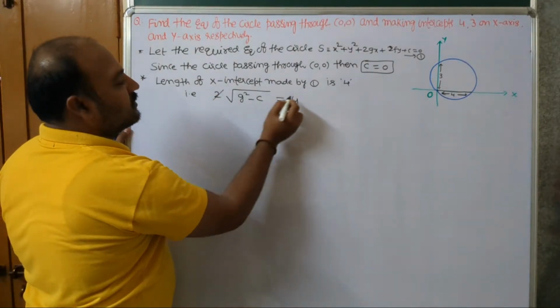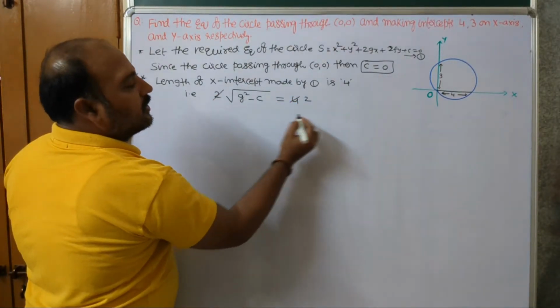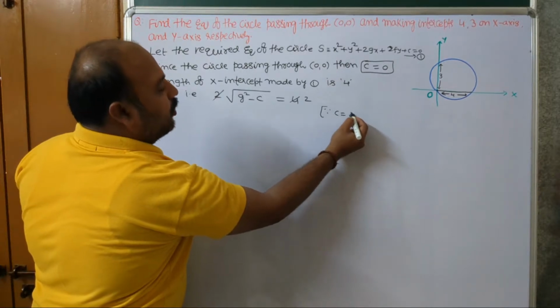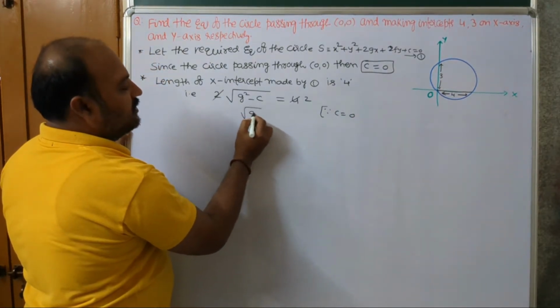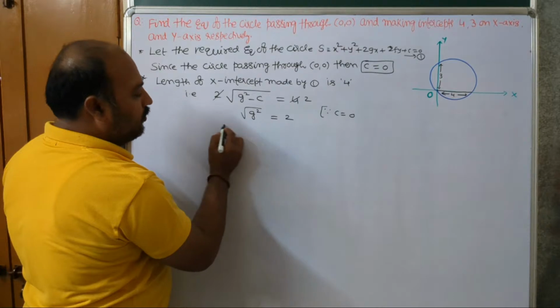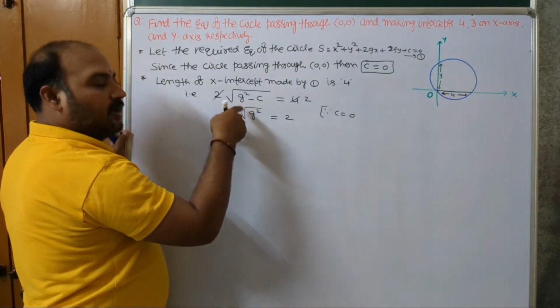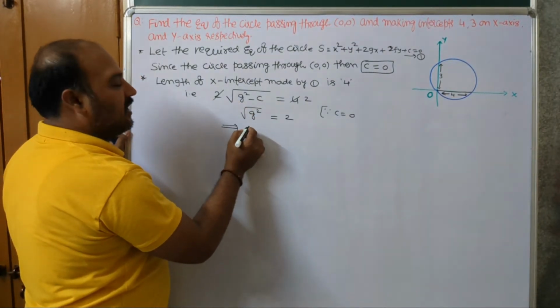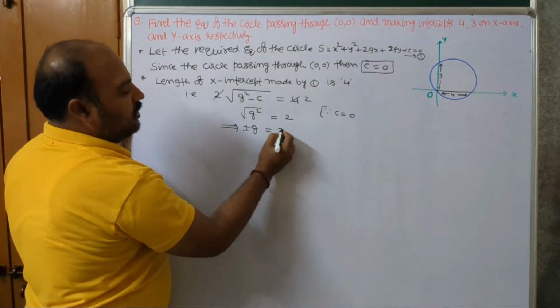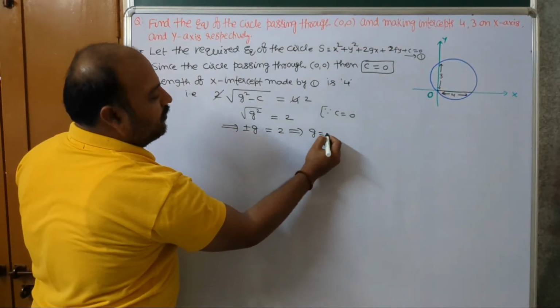So 2 ones are 2, 2 twos are 4. Since c value is 0, root g square is equal to 2. The square root and the square will cancel, plus or minus g will come here. Plus or minus g equal to 2, that implies g equal to plus or minus 2.